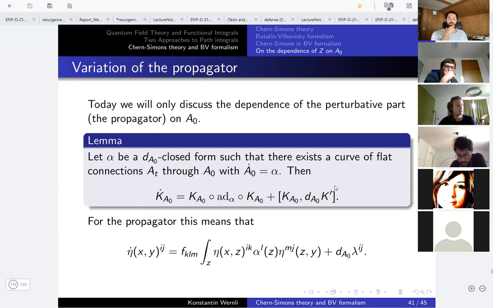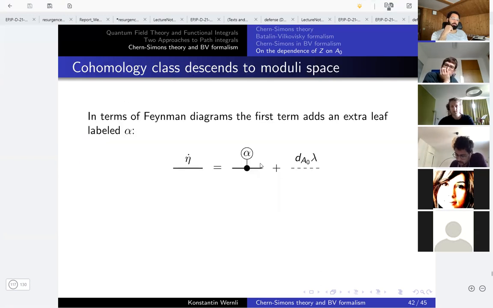And this means that the integral kernel changes like that. So eta is the integral kernel and it changes like this. This term here corresponds to K circ alpha circ K, and this term here corresponds to this commutator. In terms of Feynman diagrams, this means that if I take an edge and hit it with a derivative, then that edge will grow an extra leaf, okay?